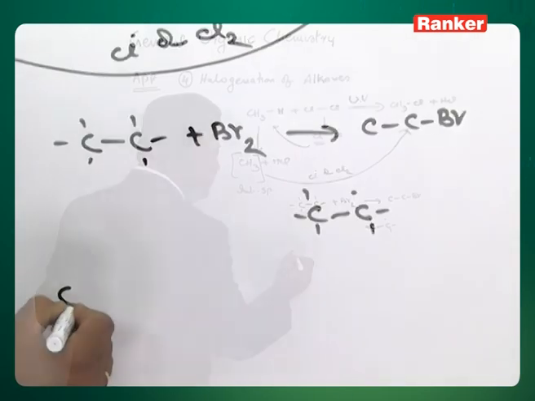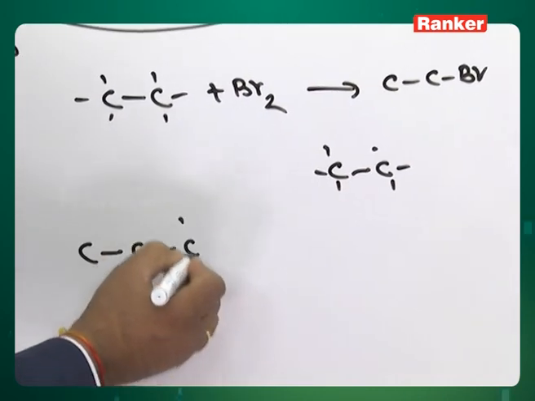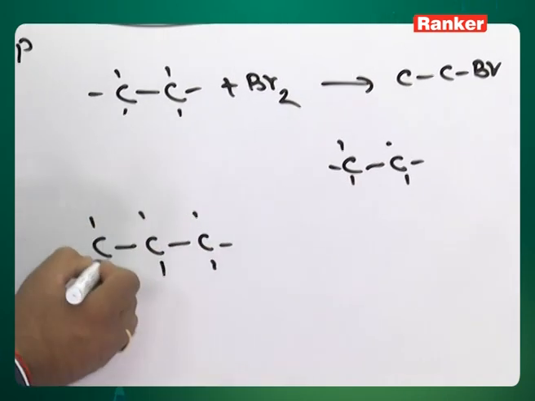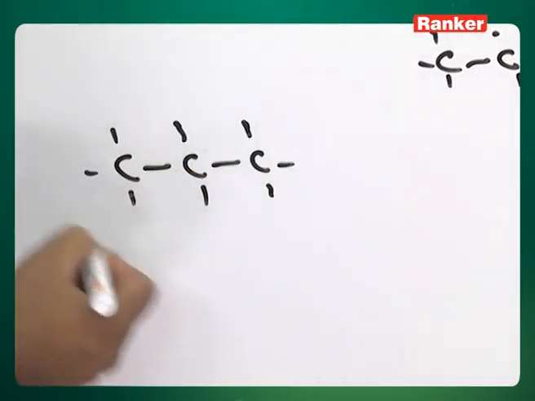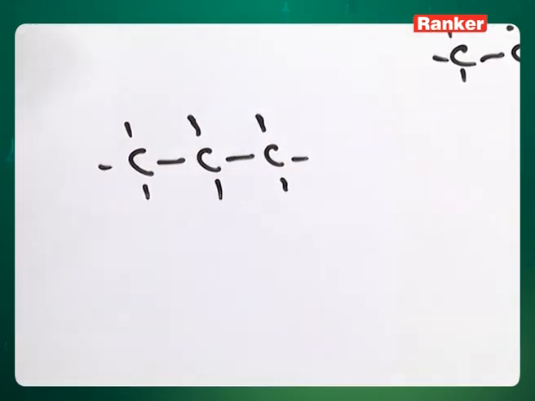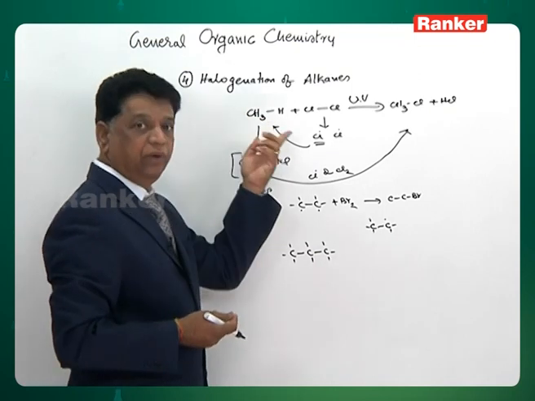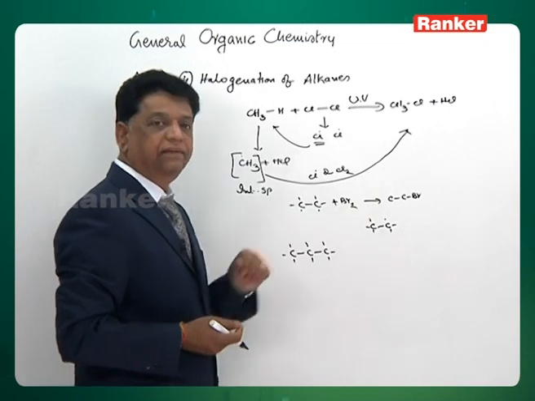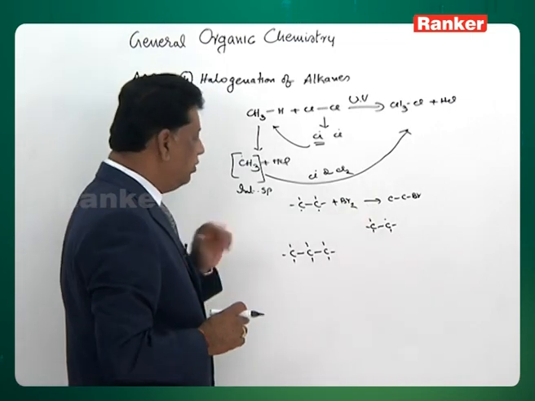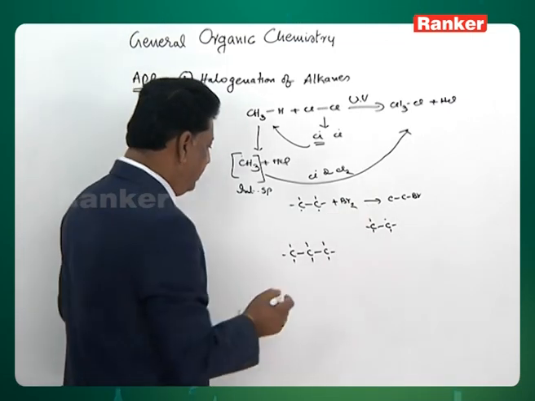But if I give an example, like propane, how many hydrogens will be there? 8 hydrogens are there now. So, all these hydrogens are not identical. In the previous case, any one hydrogen you can remove. Here, 6 hydrogens, any one you can remove, you get the same intermediate, but here you are going to get 2 different intermediates.